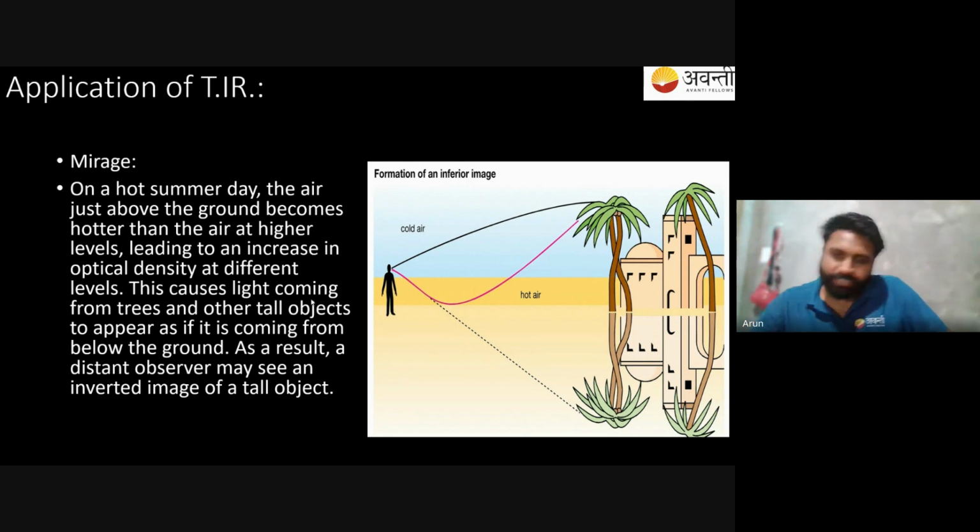Now what happens is, in the hotter places, and on a hot summer day also, the air just above the earth surface will get heated up.